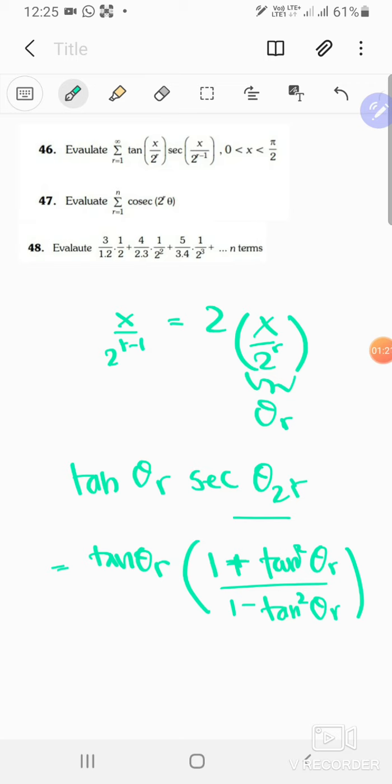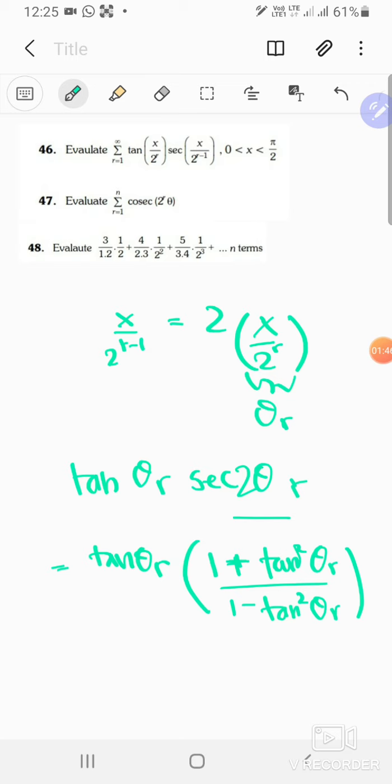We don't have tan squared over there, so that's a problem. But theta r is almost the same as theta 2r. So we should say 2 theta r, that will make sense.